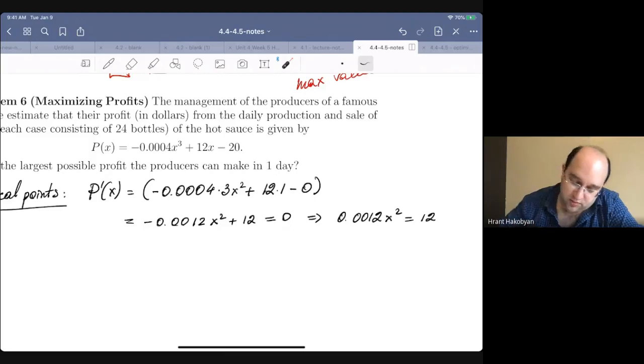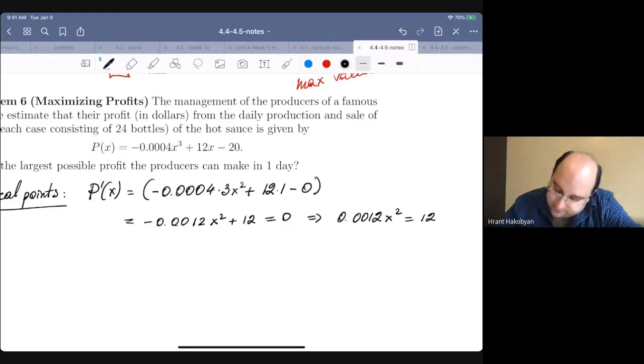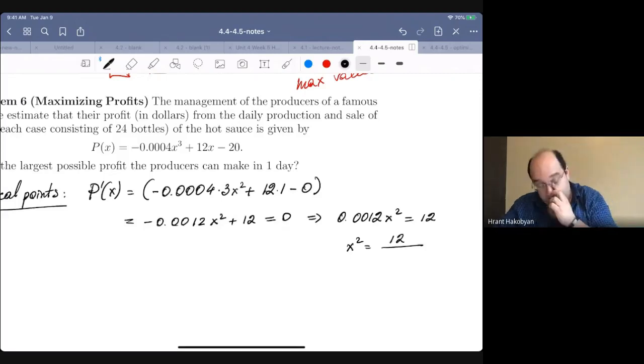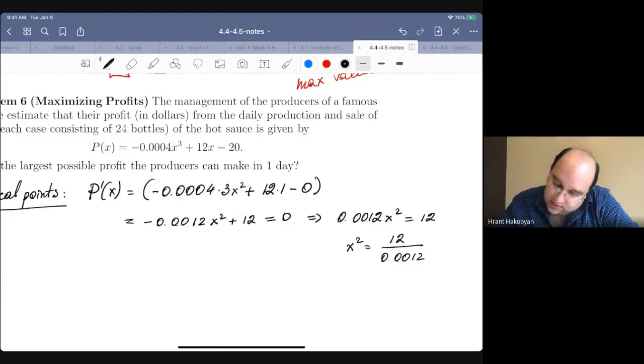So x squared is equal to 12 divided by 0.0012. That means this is equal to 10,000. There's 4 zeros here: 1, 2, 3, 4. So it's 10,000. So x squared is equal to 10,000.